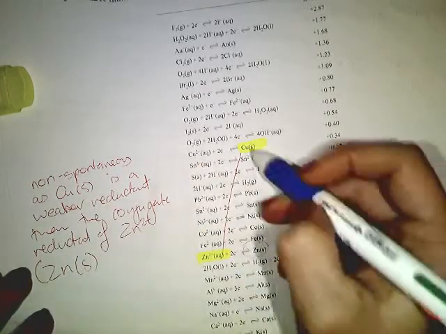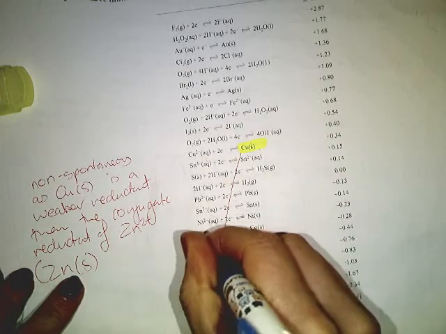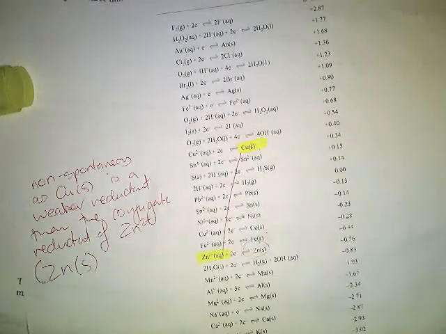So you're basically comparing these two, or you could say zinc 2 plus is a weaker oxidant than copper 2 plus.